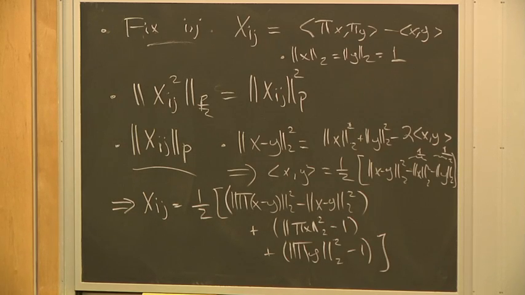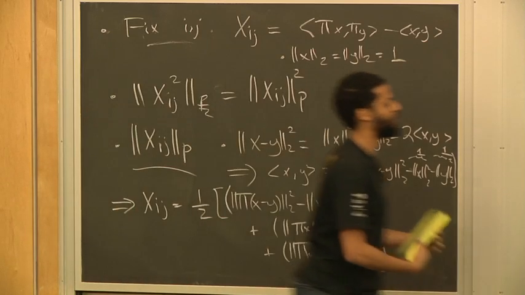Okay. And now we're just going to use triangle inequality on the p norm.